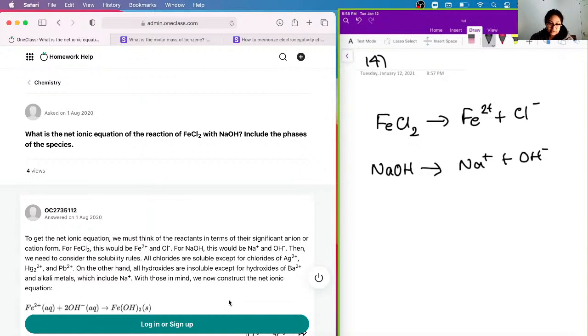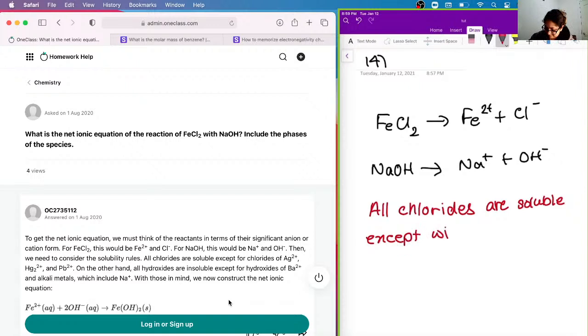All chlorides are soluble except for chlorides of silver, mercury, and lead.